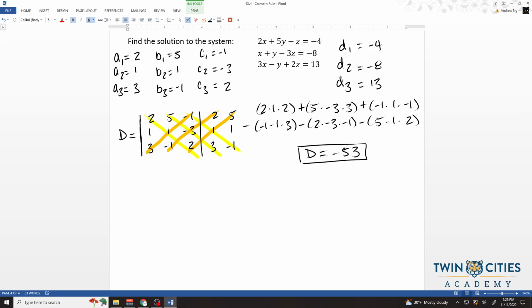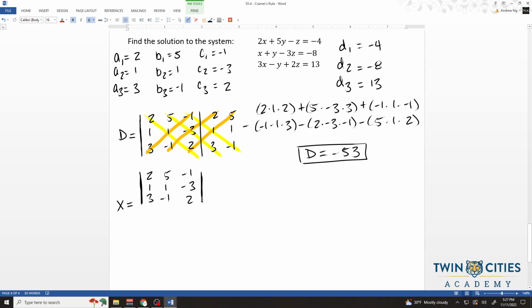Now, let's just start with x. So x is equal to the determinant of some big matrix here, and it's going to be pretty much the same thing that I see here. 2, 1, 3, 5, 1, -1, -1, -3, 2.